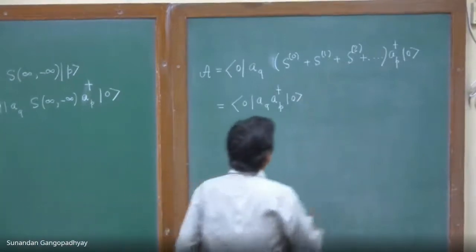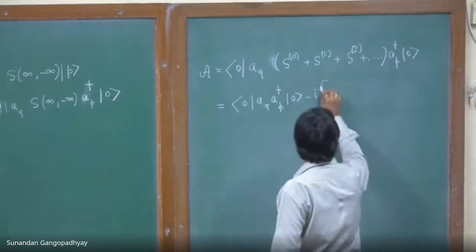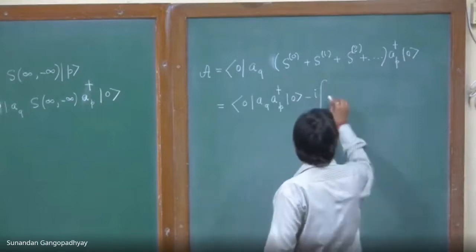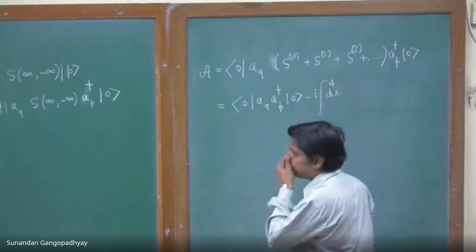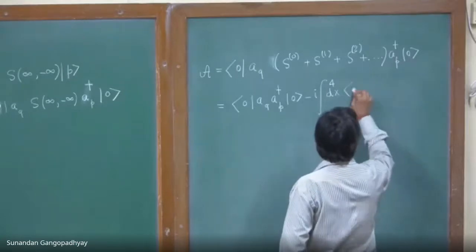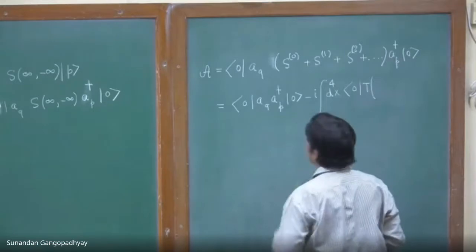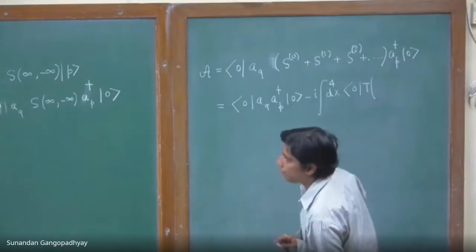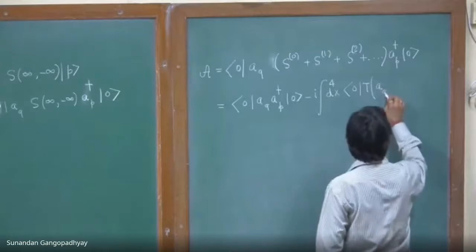So what we can do is take minus i outside, we have the integral d4x outside, then the time ordered product of a_q.